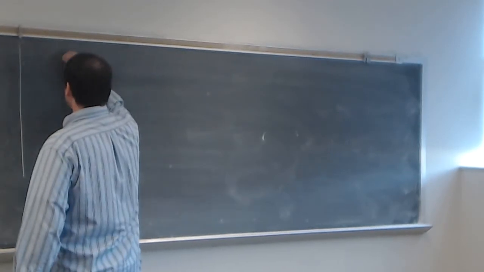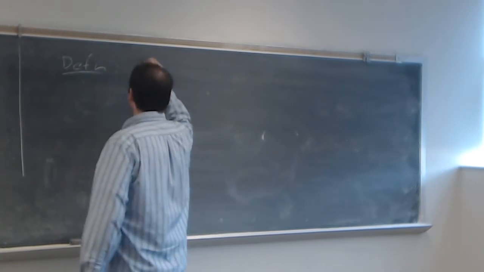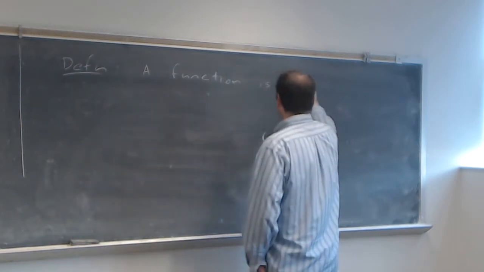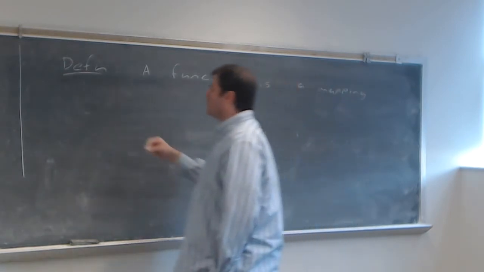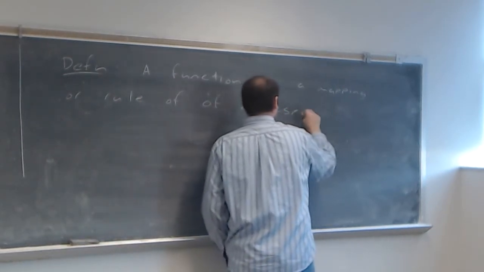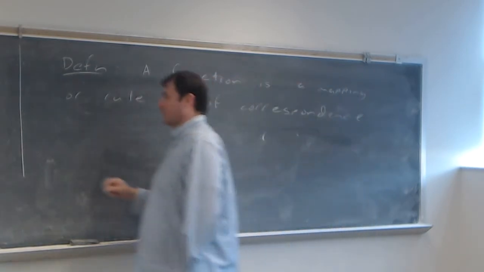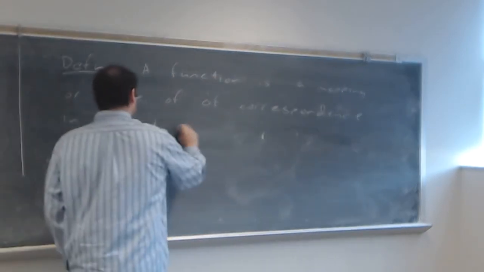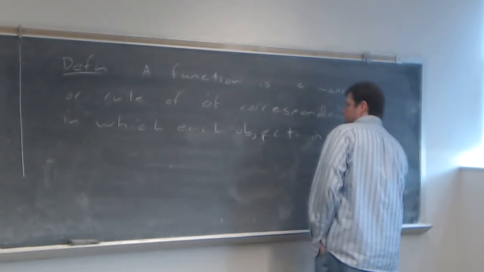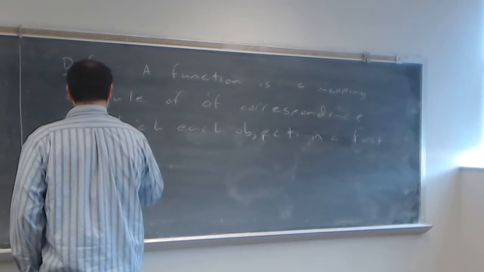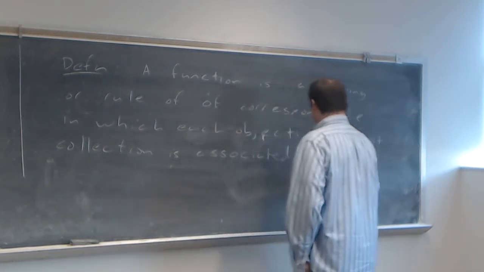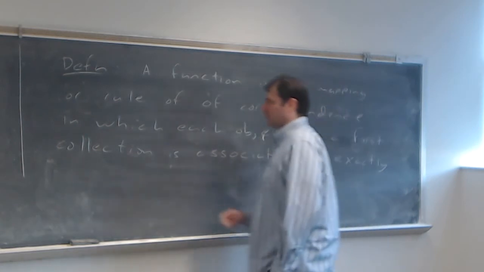Okay. So, a definition. A function, this is the pre-calculus definition, is a mapping or rule of correspondence in which each object in the first set is associated to exactly one object in the second set.